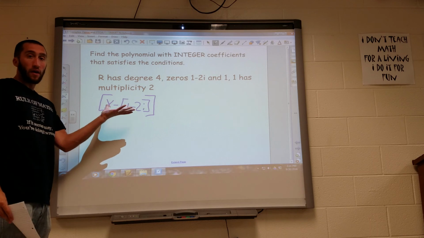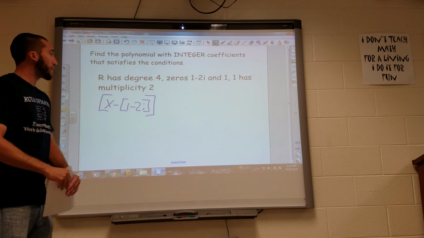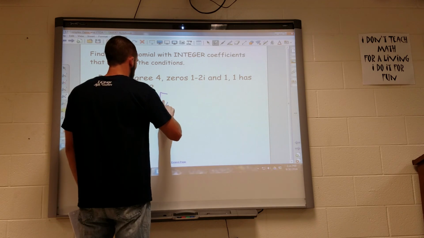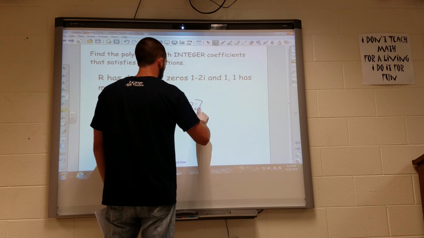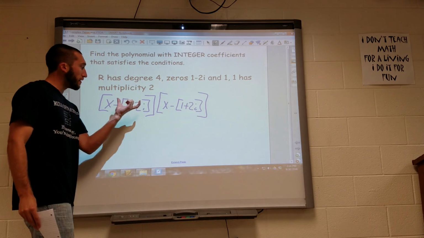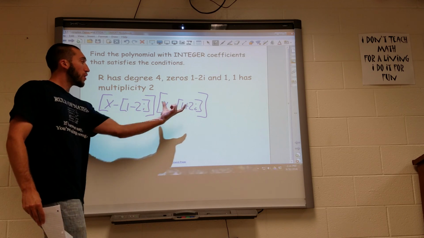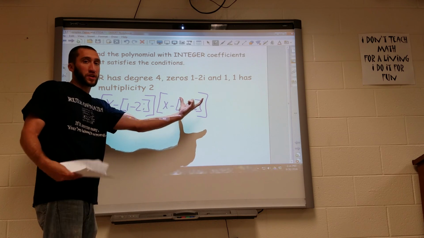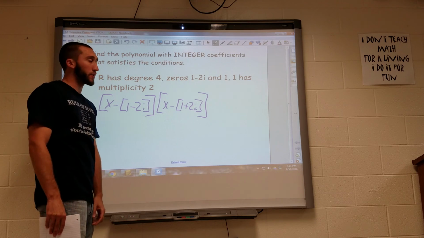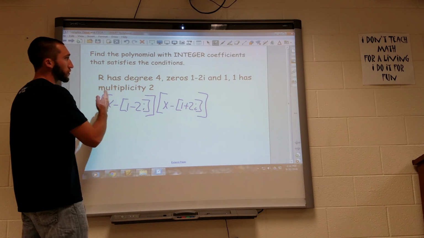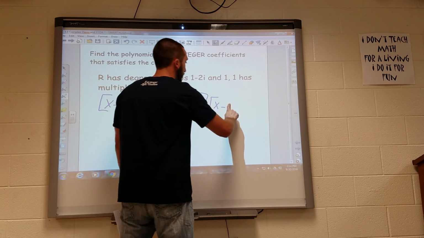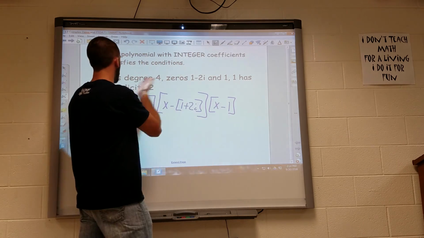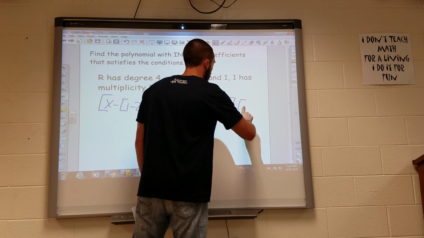So we get that one, and we also get x minus 1 plus 2i. So whenever we have a complex zero, we also have the conjugate, which we did when we talked about complex numbers, right? Whatever our zero is, it's always x minus that zero. And it says 1 has multiplicity 2.